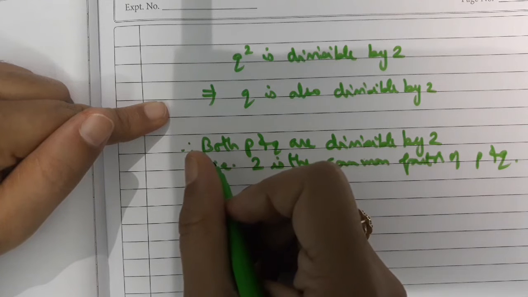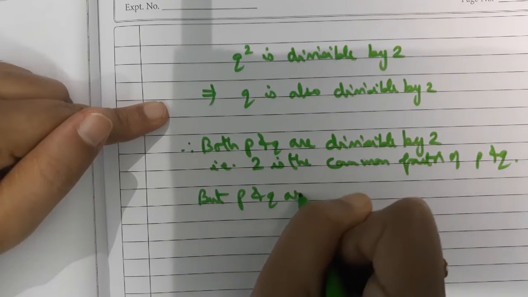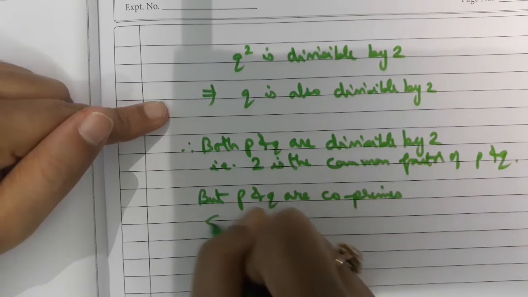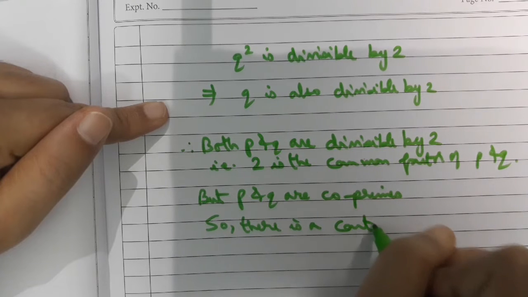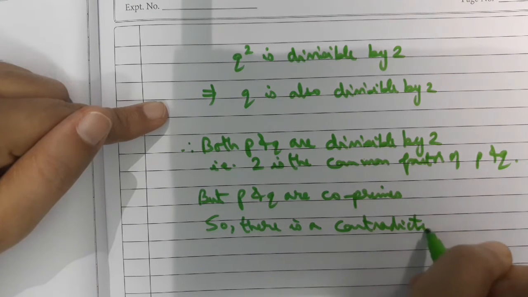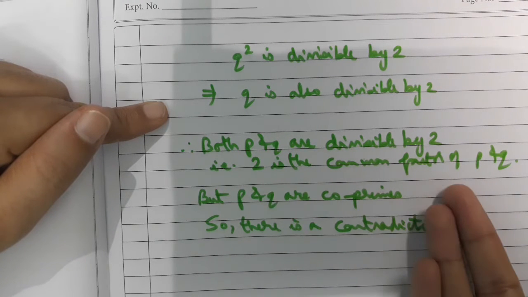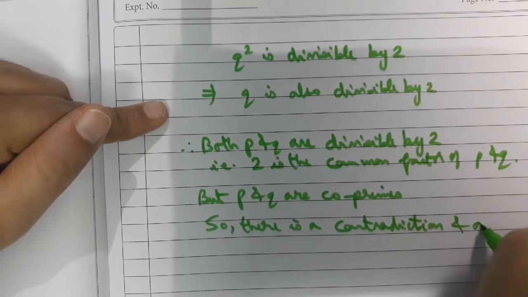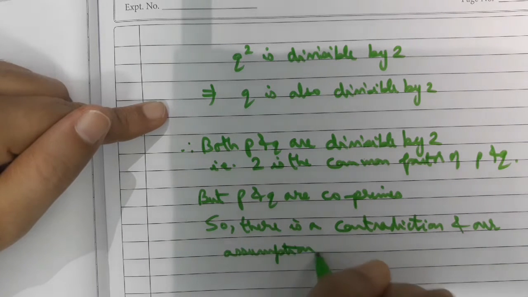So over here we write down, but p and q are co-primes, so there is a contradiction, because if they are co-prime, only one should be the common factor of p and q. But here we are getting that 2 is the common factor of p and q. So there is a contradiction and our assumption is wrong.